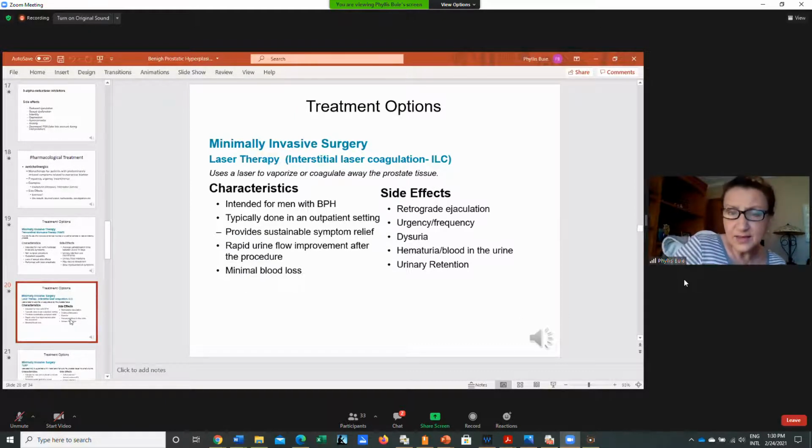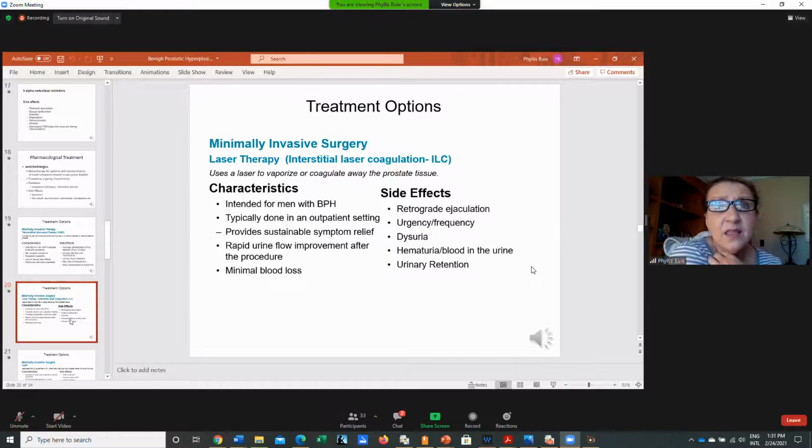Okay, the next one that I wanted to mention to you is the interstitial laser coagulation. Basically, it is a laser that is used to vaporize or coagulate away the prostate tissue. It's usually done in an outpatient setting too, and it's usually very effective at providing substantial symptom relief.